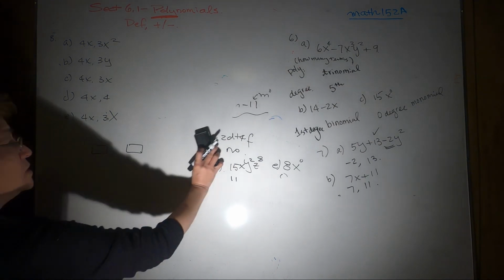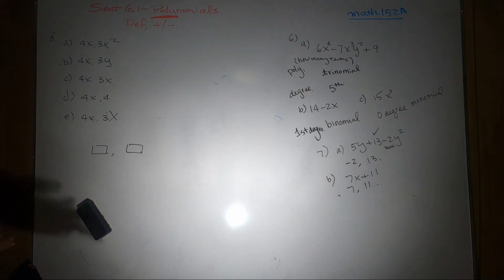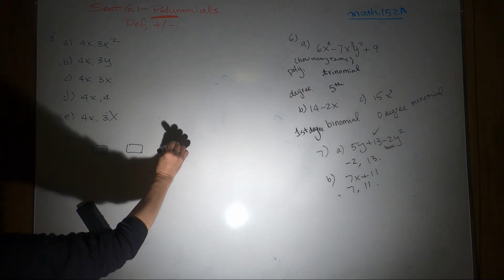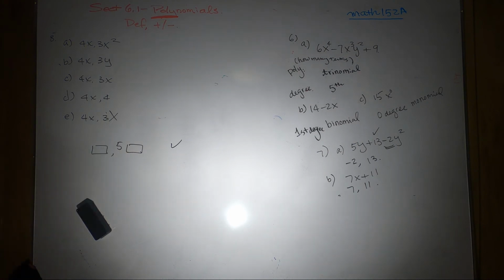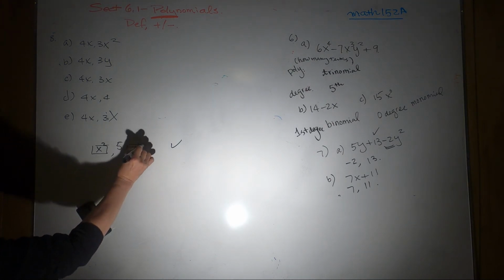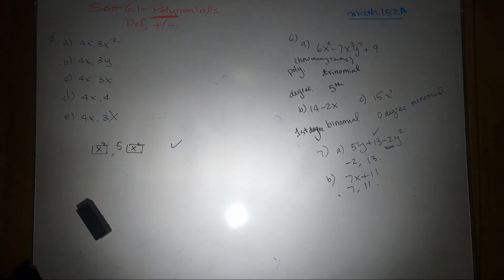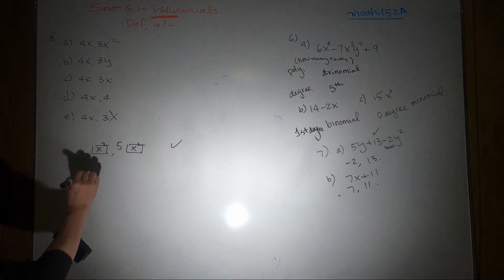Do you think you will say they are the same, similar terms, they are alike? Yes. Even say I have 1 square, I have 5 squares. Are they like terms? Sure. Okay, so this square is like x squared and the x squared. So x squared and 5x squared, we will say they are like terms, right?